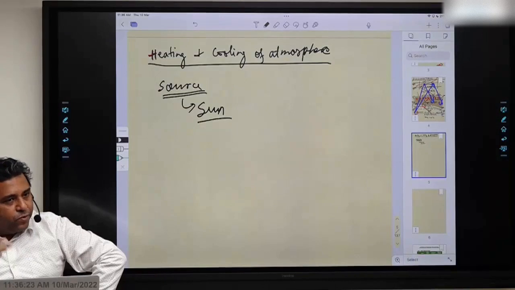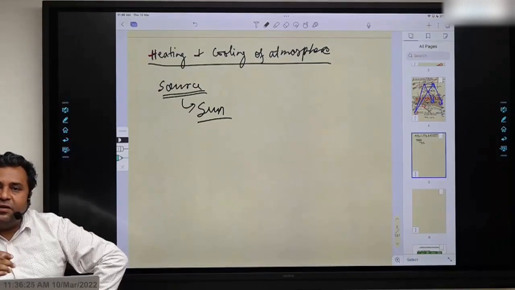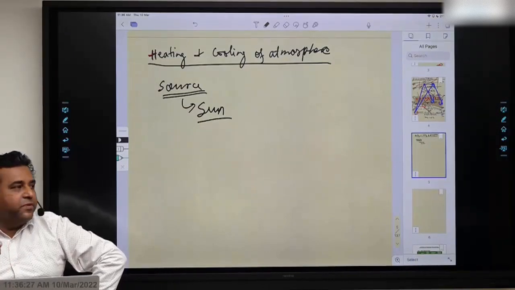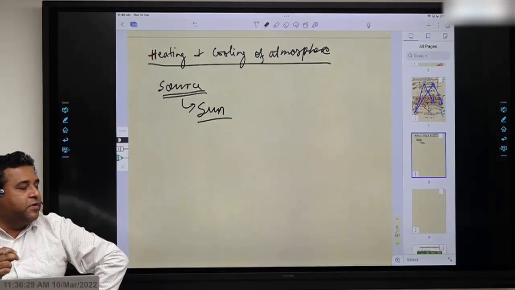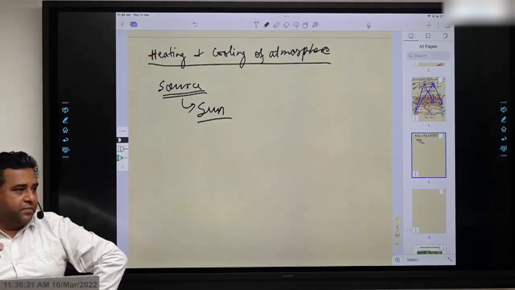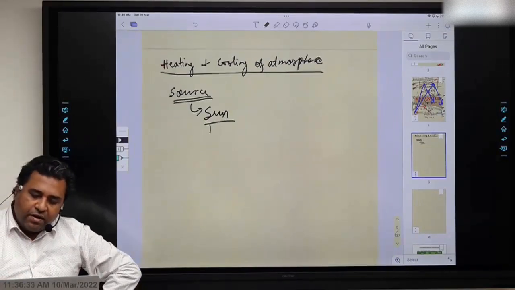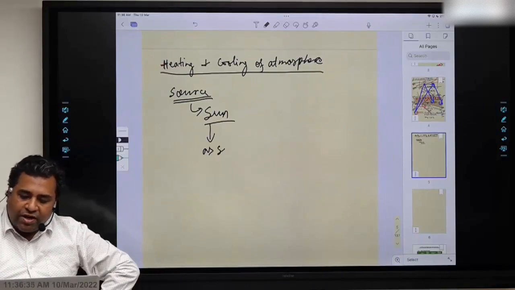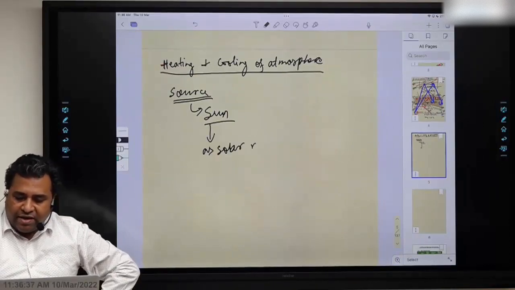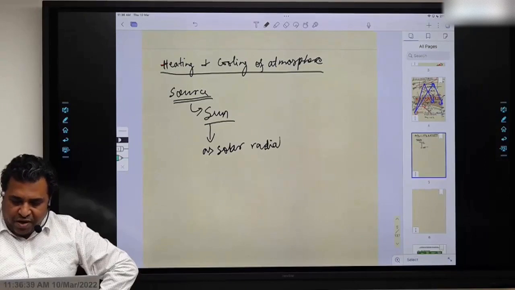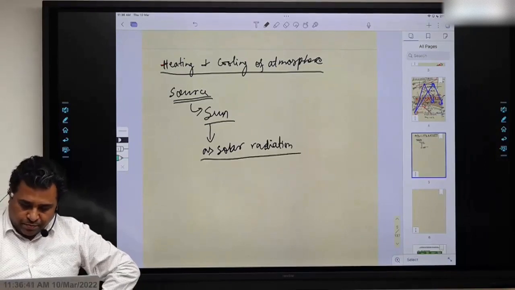So when we say most, it almost comes from the sun. In what form does it come from the sun? It comes in the form of radiation, as solar radiation.